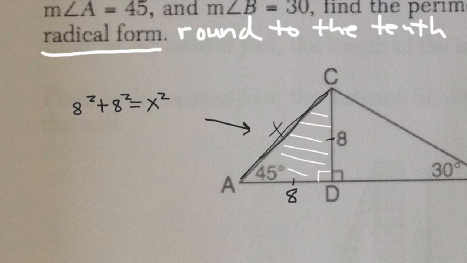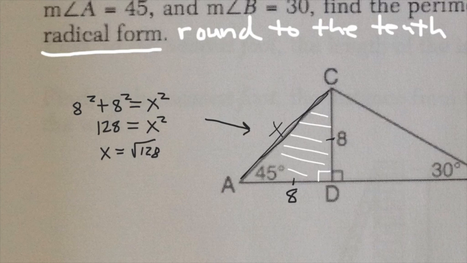You get 64 plus 64, we get 128. It's equal to x squared. So x would be equal to the square root of 128. If you use the calculator to figure that out, just like I said, we're going to round the answer for the very first answer.